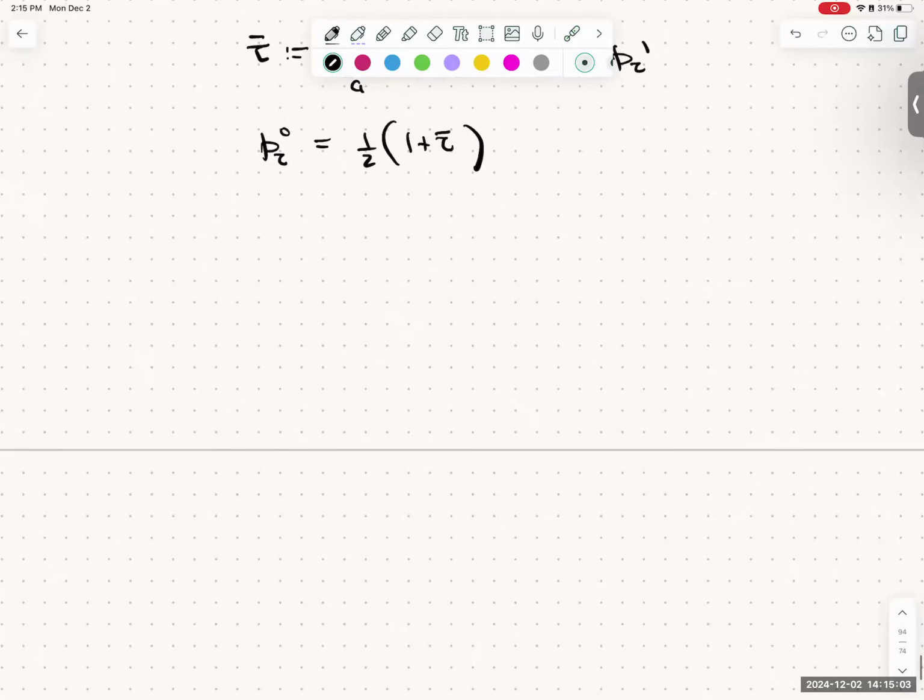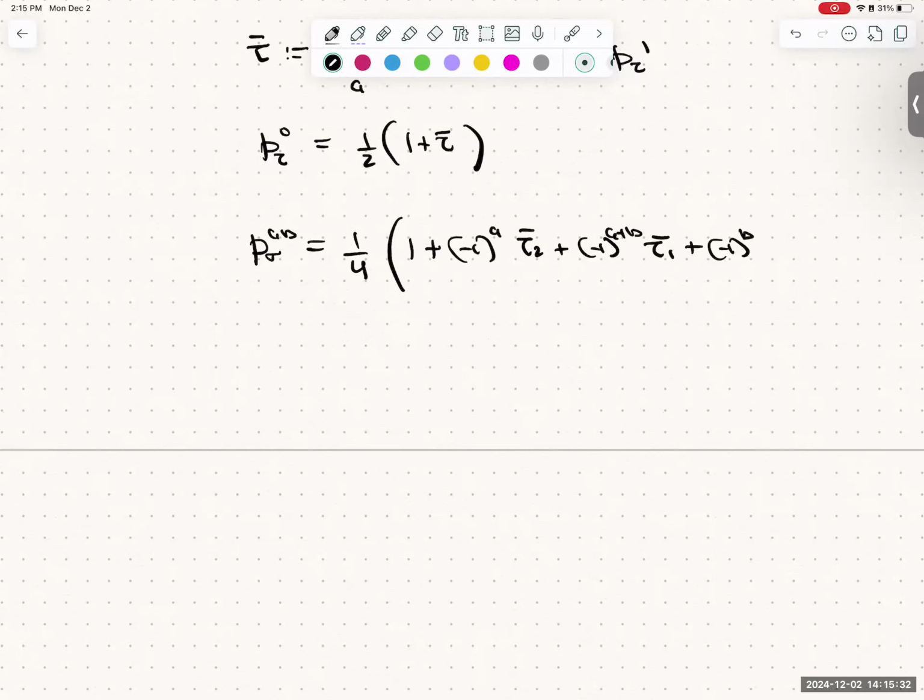So when you use expectation coordinates, p sigma AB is just given by 1/4 times (1 plus -1 to the A tau 2 bar plus -1 to the A plus B tau 1 bar plus -1 to the B tau 0 bar), so the constant term is always the same. I think the formula as I wrote it was actually incorrect. And again, it's non-negative.